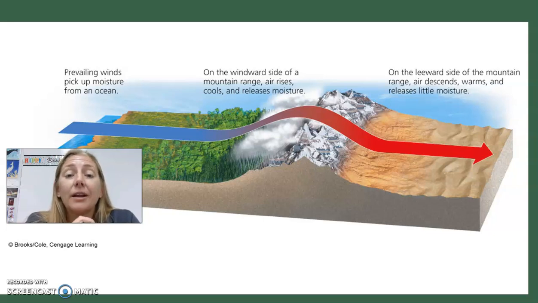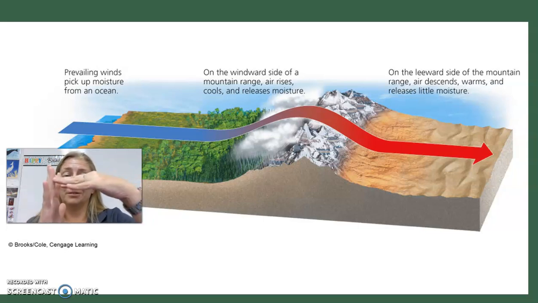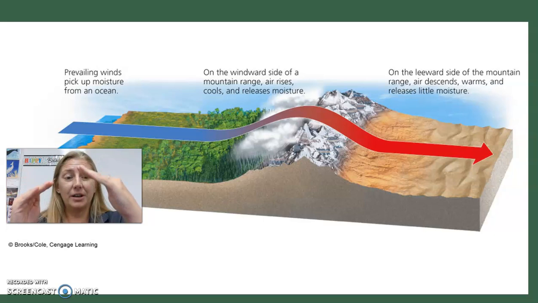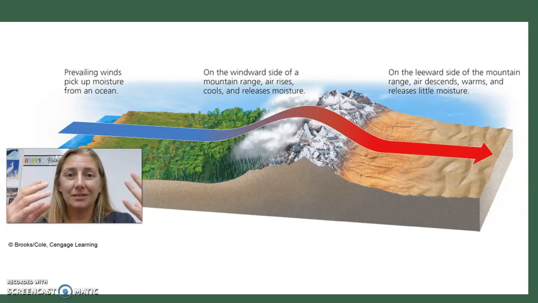So the side of the mountain that is receiving the brunt of the wind, which is called the windward side of the mountain, is a wet side because the moist wind runs into the mountain, goes up, the air cools and condenses, and comes down as rain.